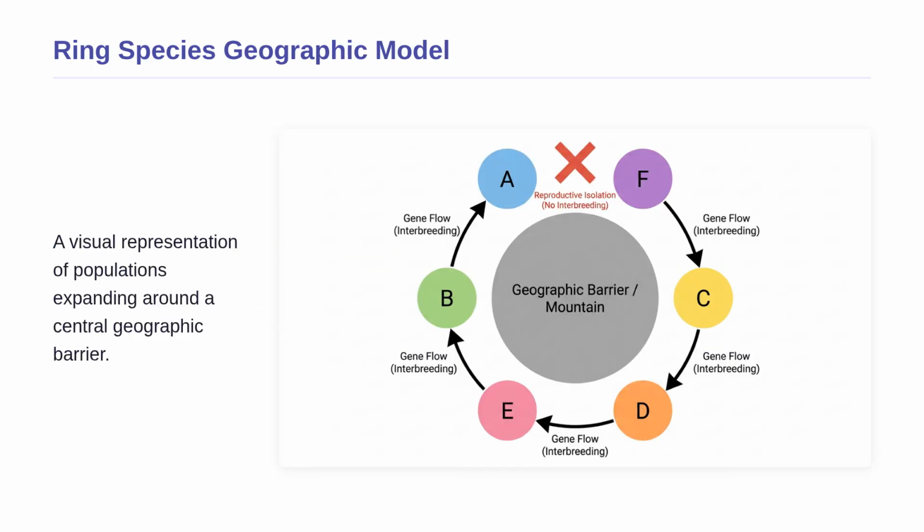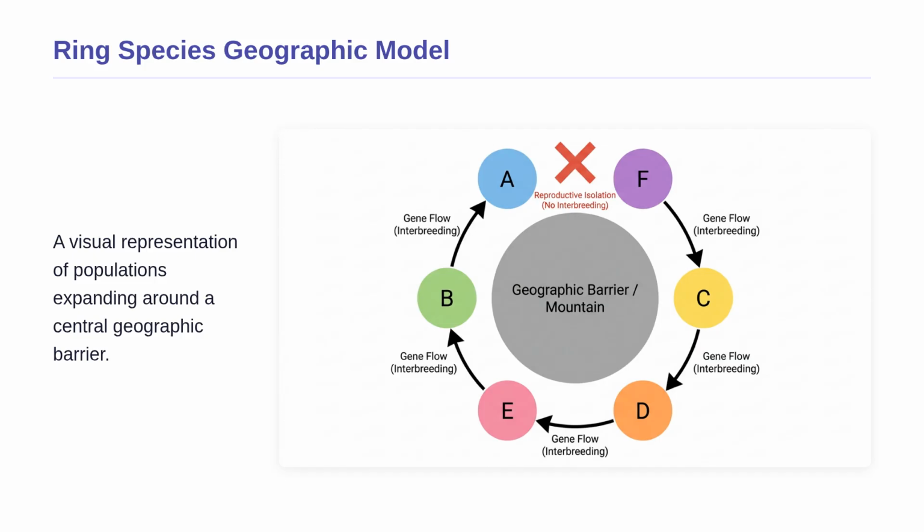To visualize everything we have calculated, let us look at this geographic model of a ring species. In the center, we have a large, uninhabitable geographic barrier, like a mountain. Around it are distinct populations, labeled A through F. Notice the black arrows connecting adjacent populations, like A to B and B to C. These represent continuous gene flow, meaning neighboring groups can successfully interbreed.